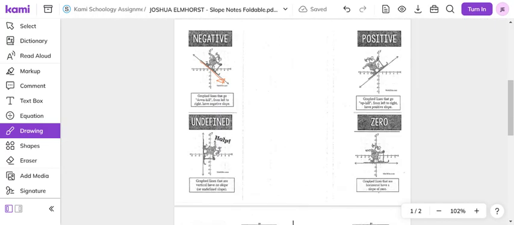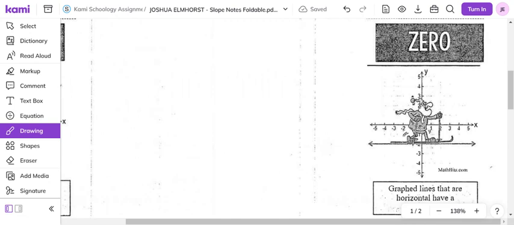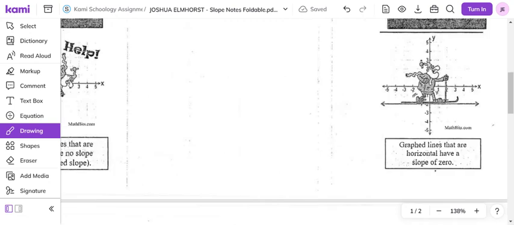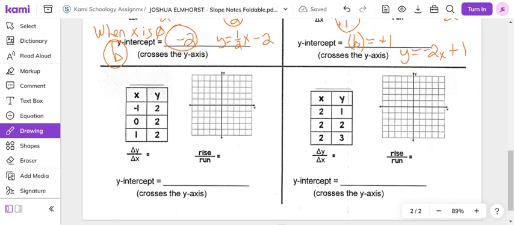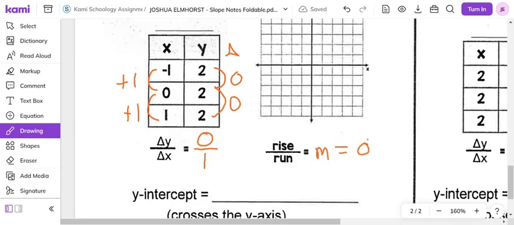Okay, so we have positive, negative slope. Now we're going to go back to the other side, and we're going to look at when we have no slope, or we have 0. So when we have the change in y being 0, it doesn't matter what the change in x is going to be. If the change in y is 0, then the slope m is equal to 0.